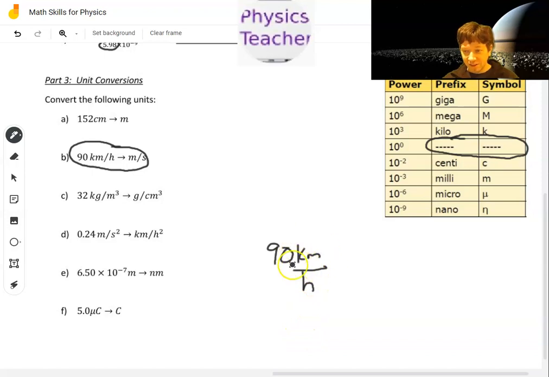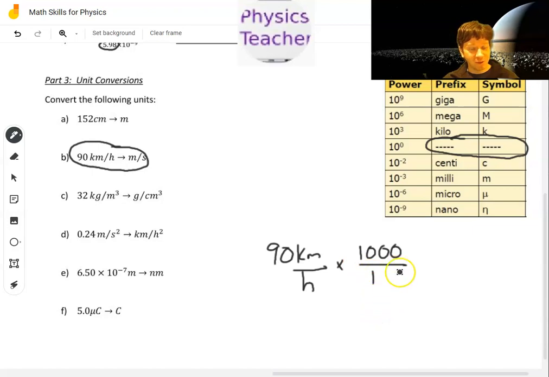So let's start with kilometers. There are 1,000 meters in a kilometer. So what I can do is I can multiply this by a ratio that's equal to 1. I'm not changing anything. If I multiply anything by 1, it doesn't change. But it's not going to look like 1, because what I'm going to do is I'm going to write this, 1,000 over 1.